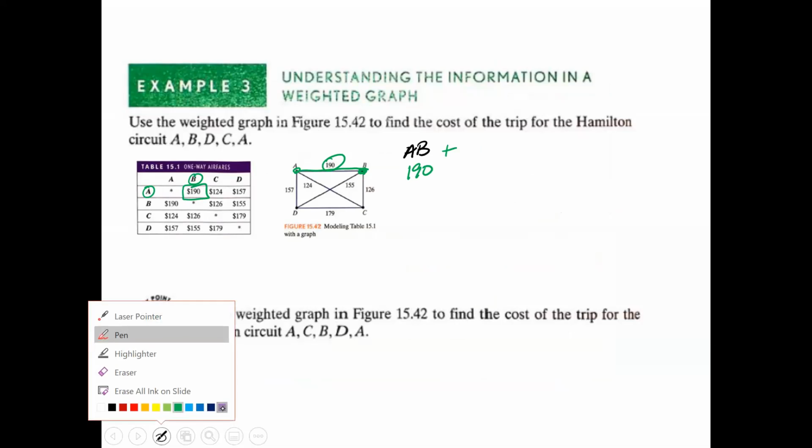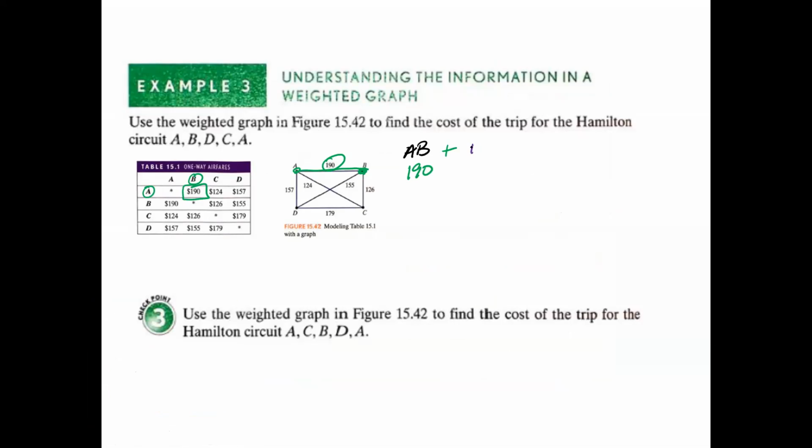Plus the trip from B to D. So B then goes over to D. B, D. That's $155. Plus the trip from D to C. So D, C, that's $179.